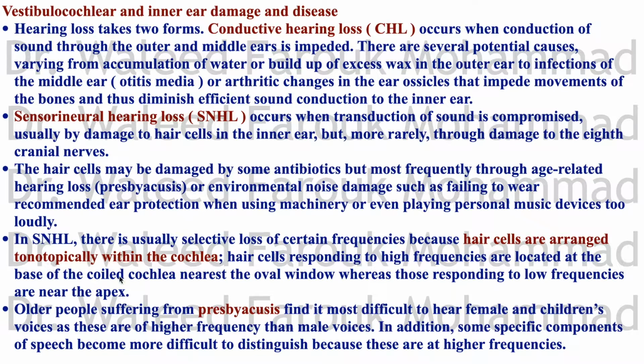Tonotopically means that those hair cells that respond to high frequency are located at the base of the cochlea, while those responding to low frequencies are at the apex of the cochlea. Old people who suffer from presbyacusis find it most difficult to hear female and children's voices because they are of a higher frequency than male voices.